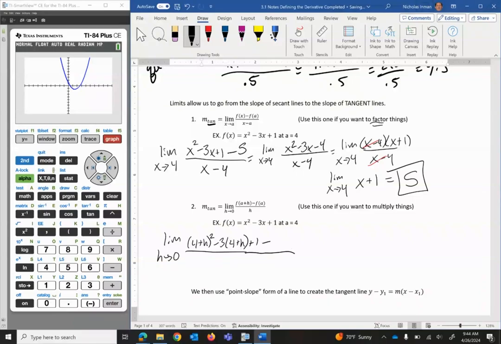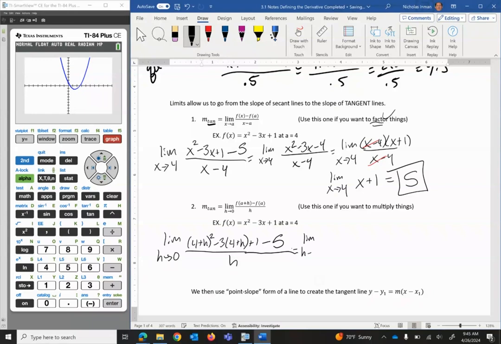Minus f of a, and we said that was 5. And then we just divide by h. All right, so these two methods do the same thing, just very differently. This one's good if we are good at factoring. This one's good if we're really just good at multiplying.